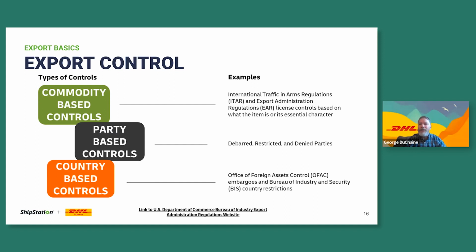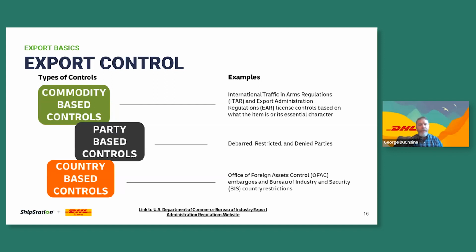So it would be illegal for DHL to facilitate the export of an item to one of these denied parties. That's why it's very important that you know who you're doing business with, and the U.S. government has a consolidated screening list for folks to check names against and to screen the parties to the transaction.